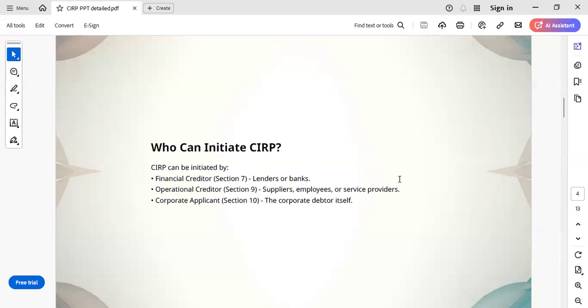Operational creditors can initiate CIRP under Section 9. Who are operational creditors? Suppliers, employees, or service providers. Then the corporate applicant, that is the corporate debtor itself, can initiate under Section 10.